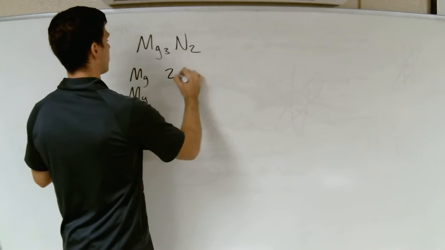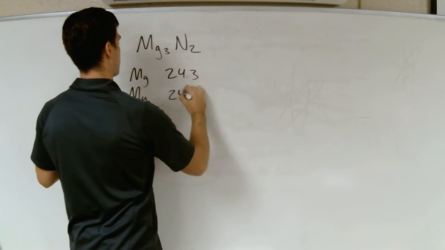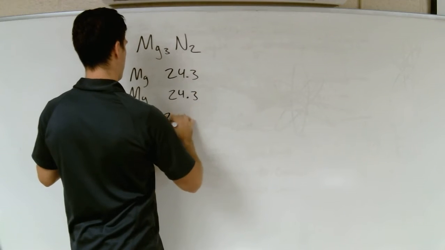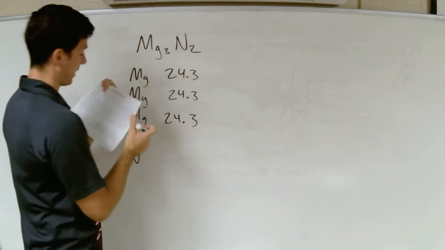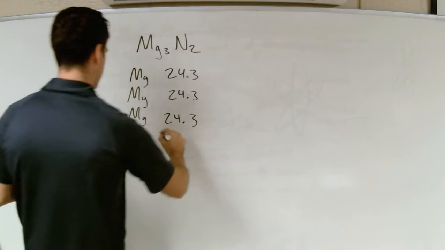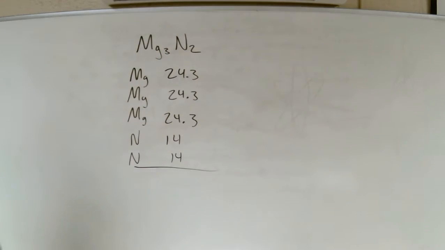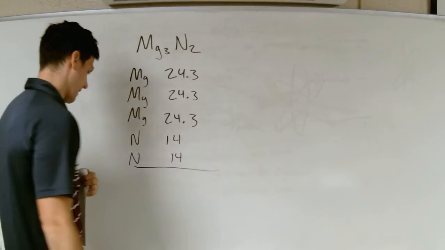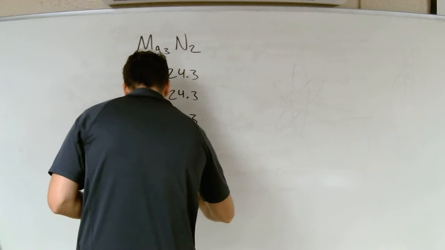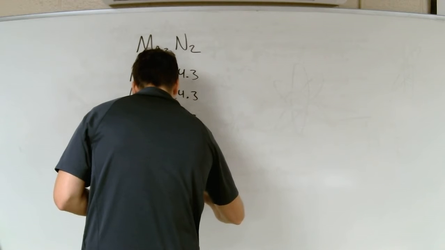So 24.3 for each of these. Nitrogen is 14. I add all those up, and I should get something like 100.9.